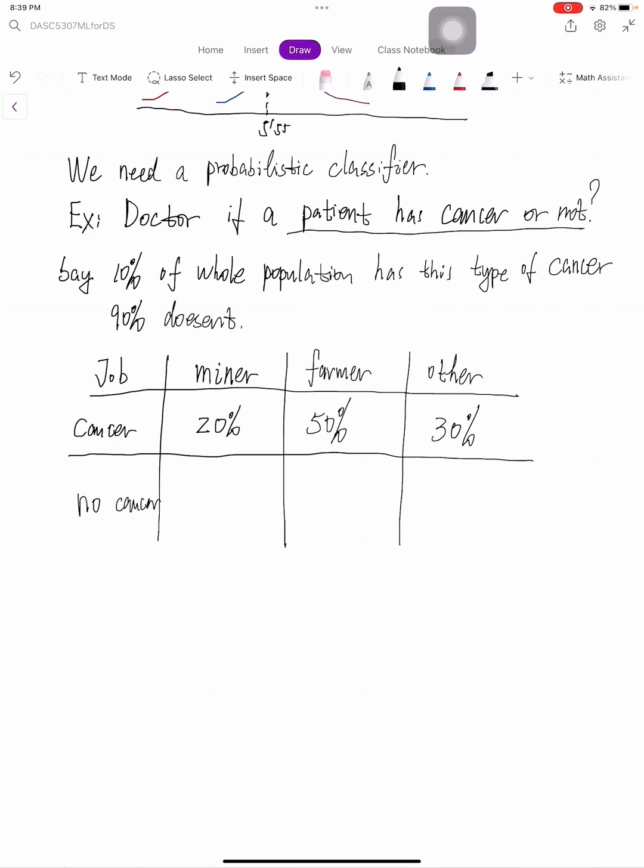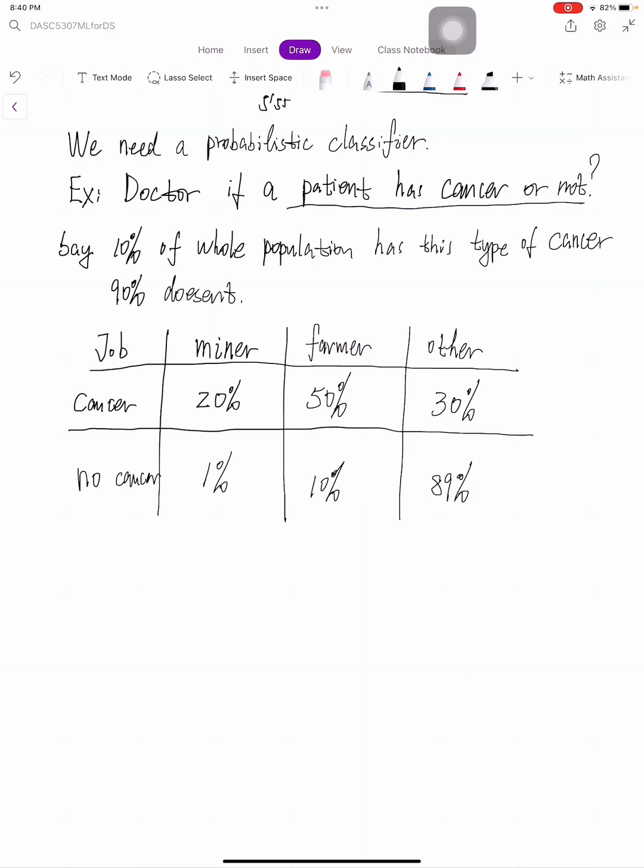And among the patients without cancer, 1% of them are miners, 10% of them are farmers, and 89% of them have other jobs. So based on this whole population's information and the past patients' occupations, can this doctor predict whether a patient has cancer or not?